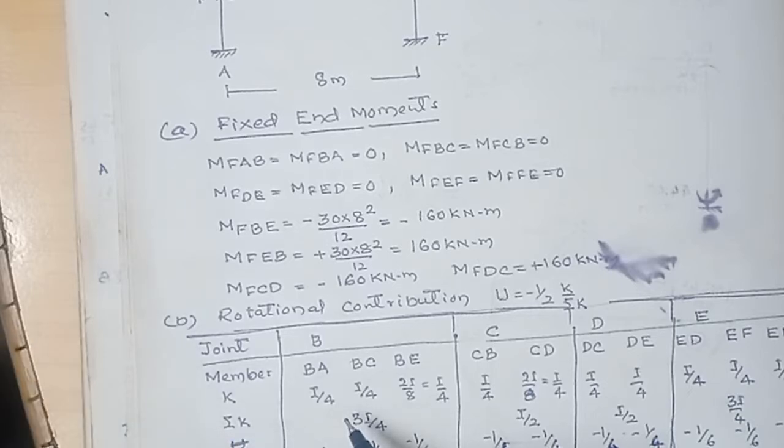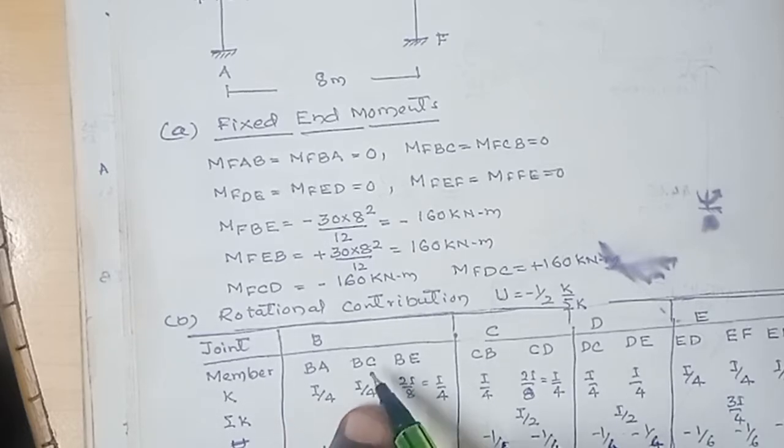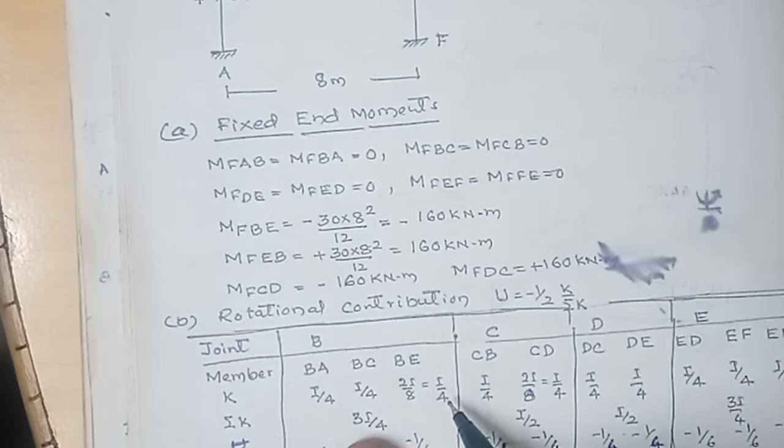Here the height of the vertical column is 4 meter with moment of inertia I, and the horizontal member is 2I with length 8 meter. Hence for vertical members KBA, that is I by L equals I by 4, for BC I by 4, for BE 2I by 8, by simplification that is also I by 4.